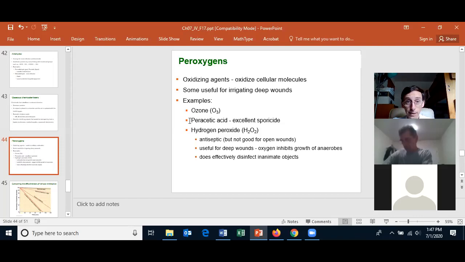Ozone is a peroxygen, peracetic acid is an excellent sporicide, and hydrogen peroxide can be found in many homes. It's an antiseptic. It's not that good for open wounds, but it can be used. It is useful in the deep wound because it would kill off anaerobes very easily.